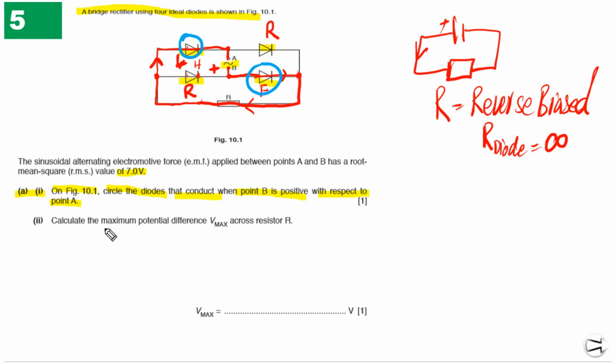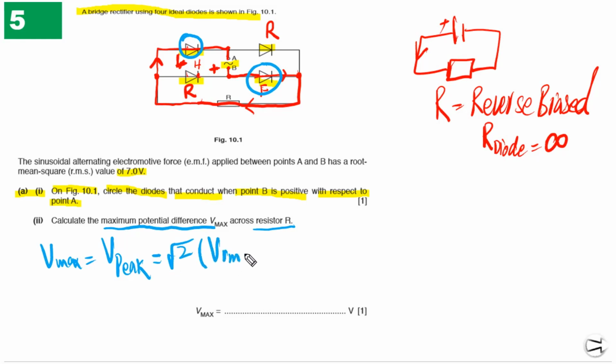For part A2, simply we need to find the maximum potential difference across a resistor. It also simply means that Vmax, we can also say, is equal to V peak, means the maximum value of potential difference. And this is equal to root 2 times Vrms.